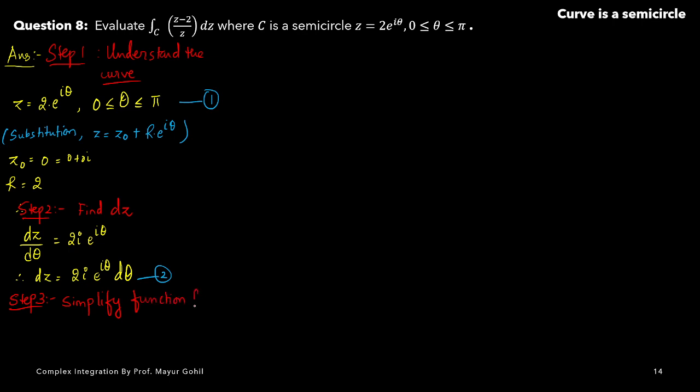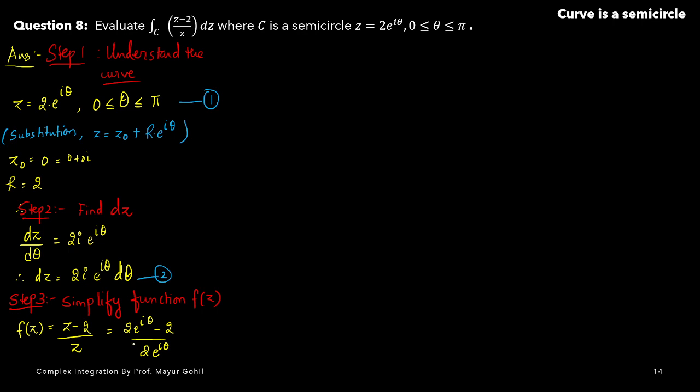Function f of z. Here our f of z is already given to us as z minus 2 divided by z. So now instead of z minus 2 upon z, what we can write is 2 e raised to i theta minus 2 divided by 2 e raised to i theta.